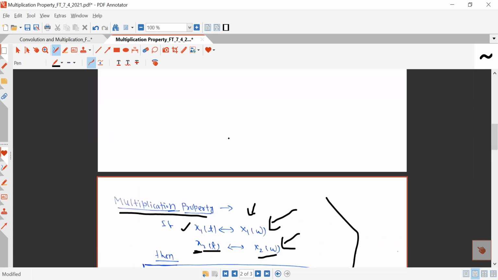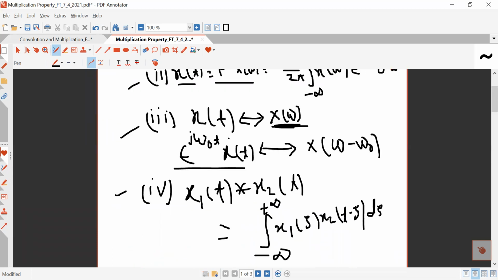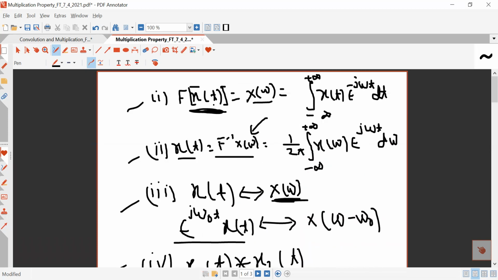As you know, the Fourier transform of any signal xt will be equal to the integral of xt e to the power minus j omega t dt. If you want to determine the Fourier transform of yt, then in place of xt you will have to write yt.